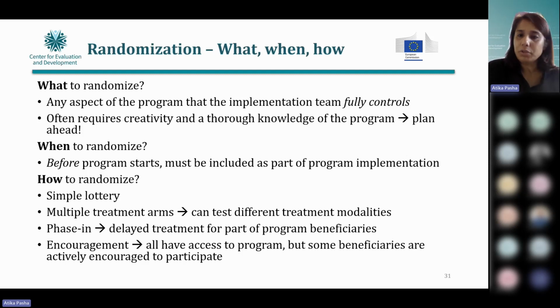Right, so what to randomize? So far, we've looked at the case of individuals, so 2,000 individuals who are randomized, but note that there are other aspects of a program that the implementation can also randomize, with a key qualification here being that you need to have full control over the implementation of this program. So as an evaluation team, you try not to go for aspects of your program that are, let's say, affected by the weather.